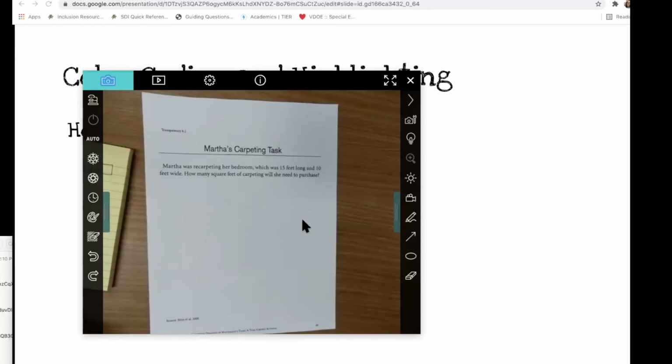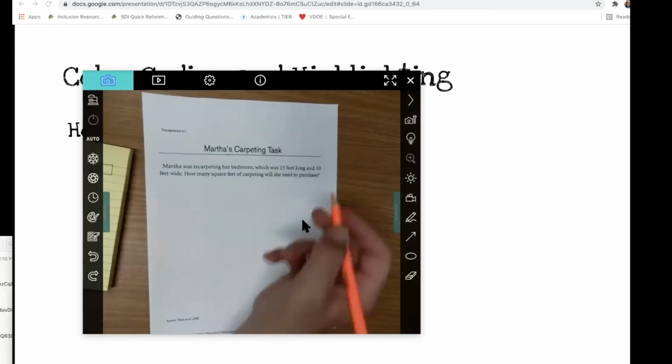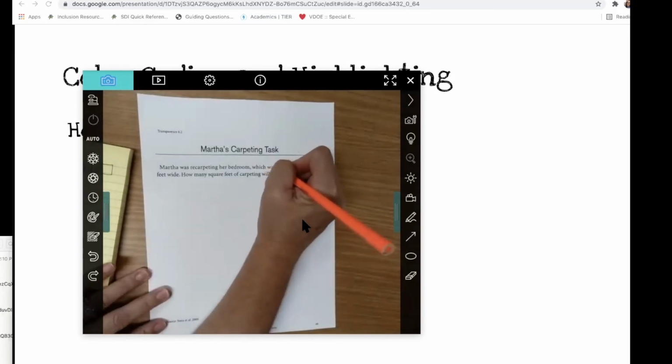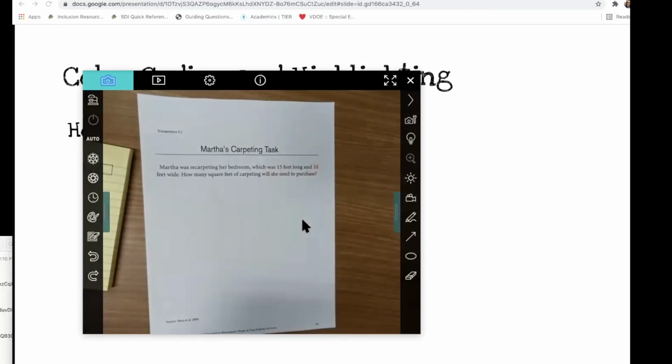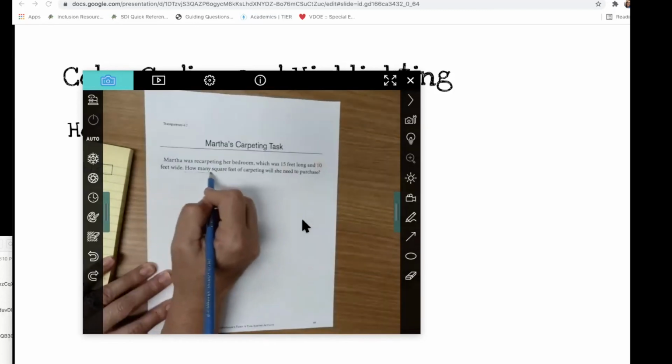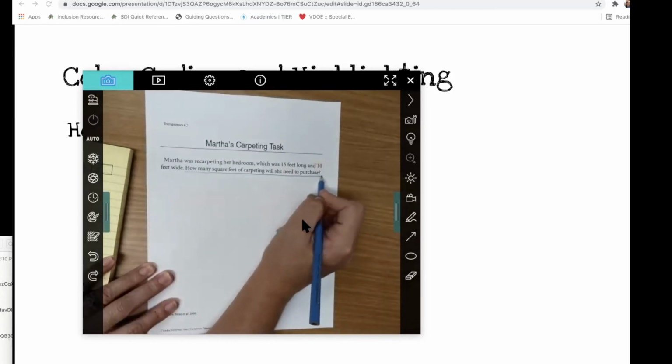I could have my students go through and we can just box in or put one color around all of the numbers if we need to. This is one way. Let's just do that. And then I can say, okay, let's set this problem up with underlining in a certain color. Just the question.